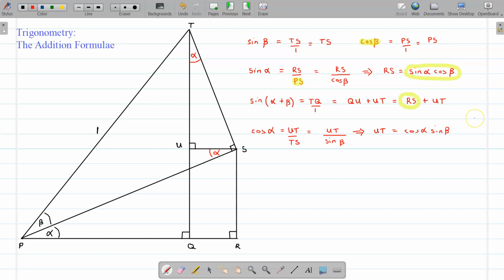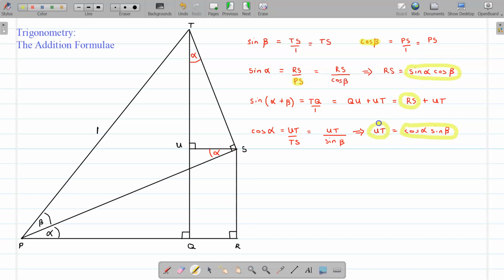So I'm now going to pull together two very important results, and that is this one here, that UT is cos alpha sine beta and RS is sine alpha cos beta.